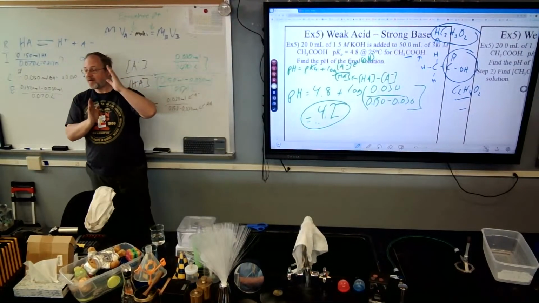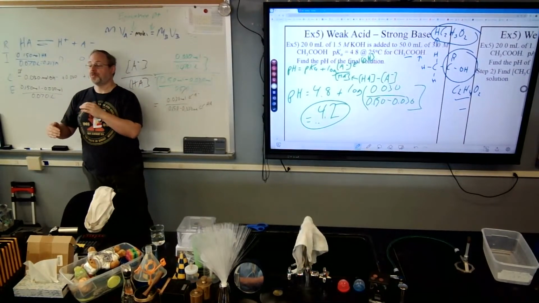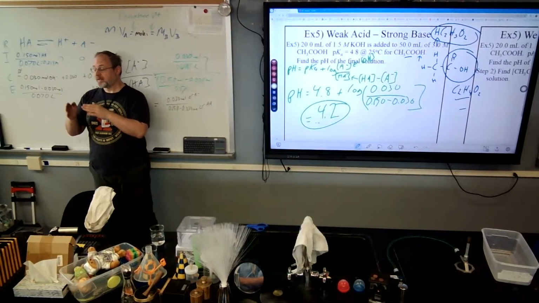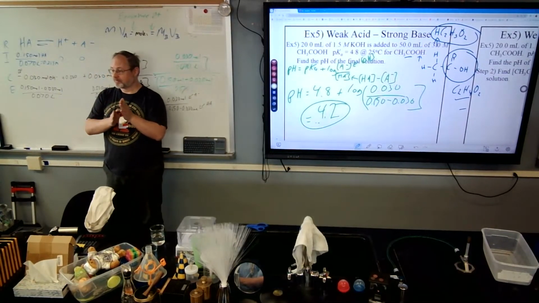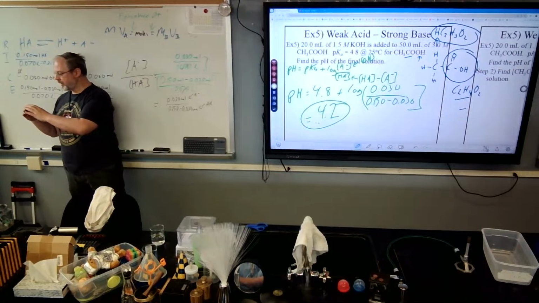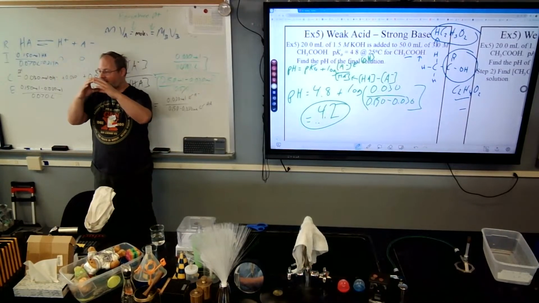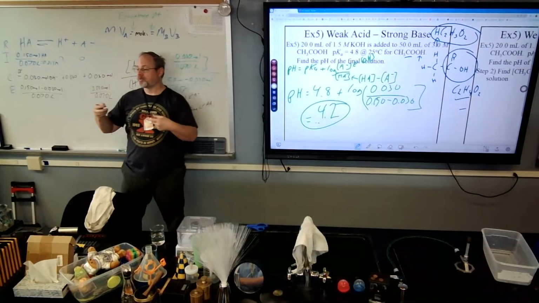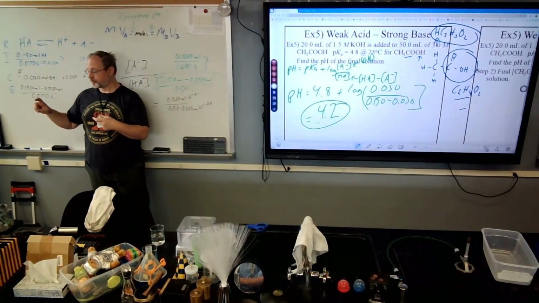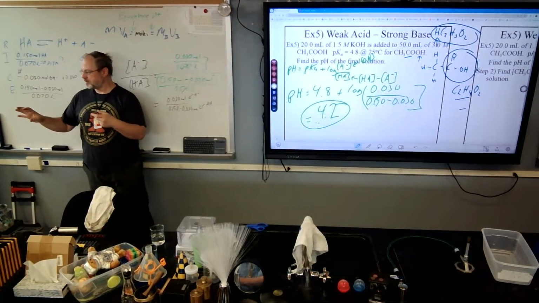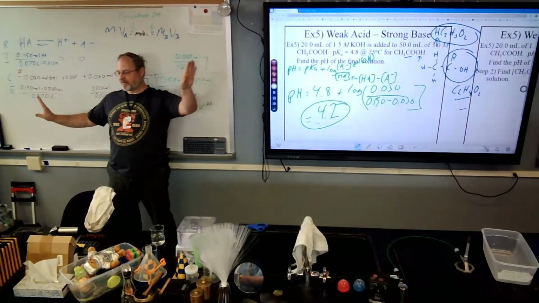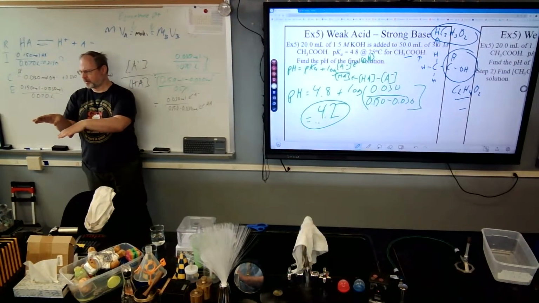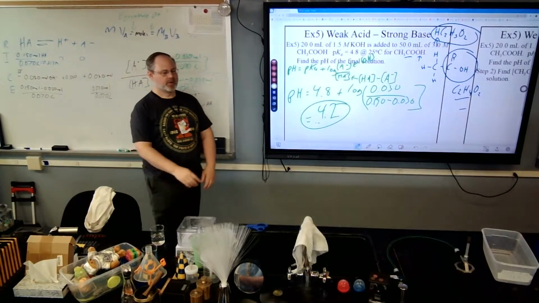But at the exact halfway point, we have consumed half of the H pluses, leaving half A minus. So we have half the HA and half the A minus. Those two sums are always going to be one number of moles, because we're starting with a bunch of HA and ending with a bunch of A minus. At the halfway point, we have the same amount of A minus and HA. Does that answer your question? I'll make sure that's answering the question you were asking.